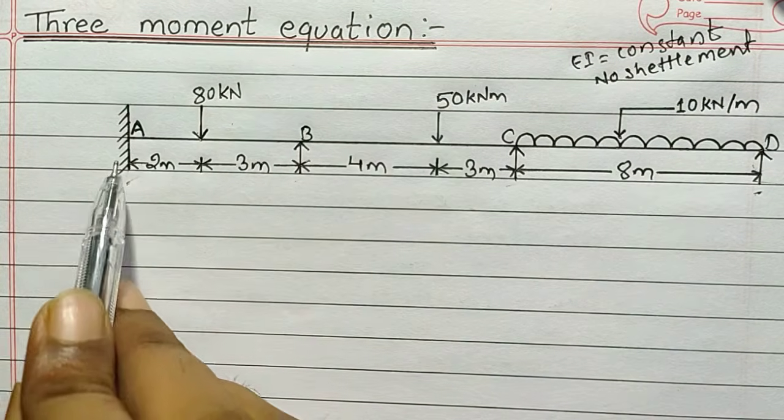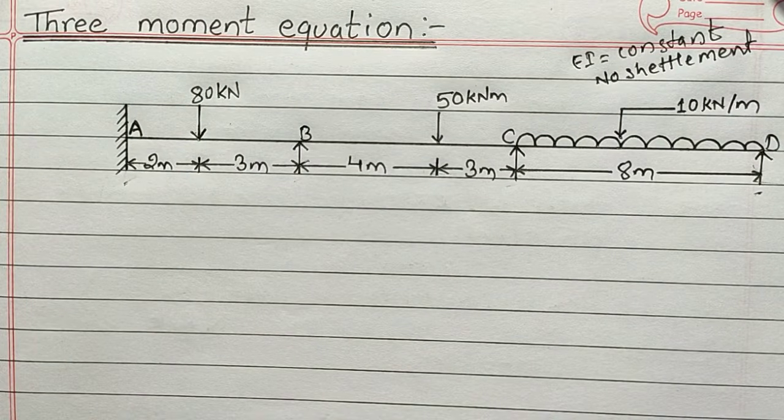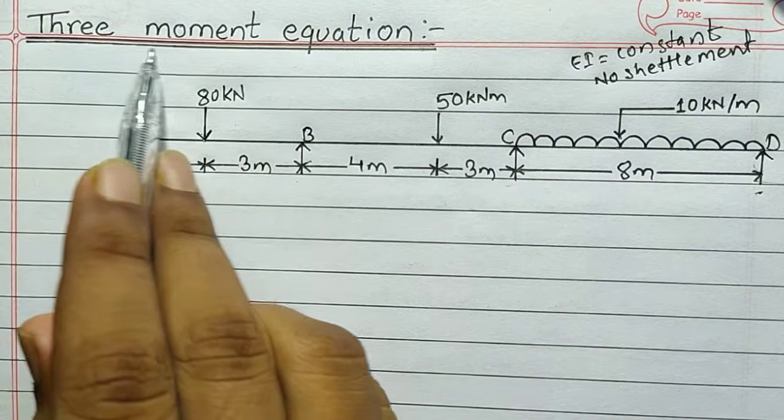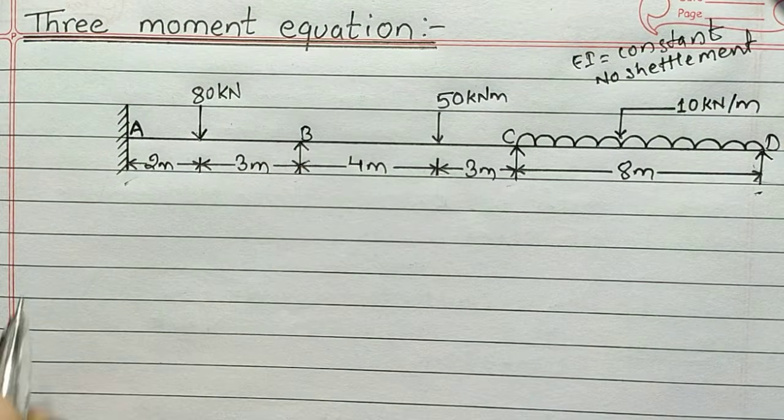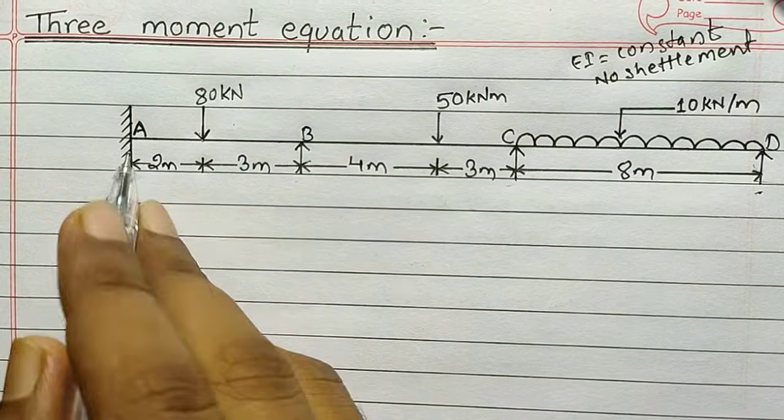Whenever we are provided with a fixed support in any continuous beam, then in order to solve the numerical based upon the three moment equation, we need to take a 0 span left or right of that fixed support.